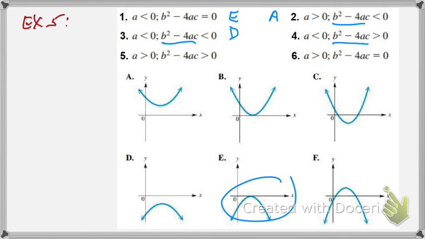But the discriminant here is what? Positive. That means it crosses the x-axis 2 places. Got to be F. And so there's problems like this in the homework. They're going to have you drag and drop stuff to work them. But it's going to be very similar to this right here.